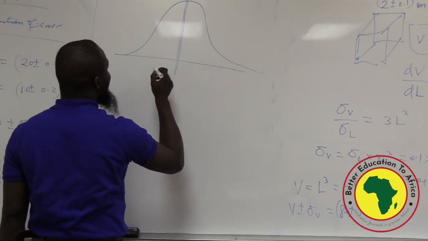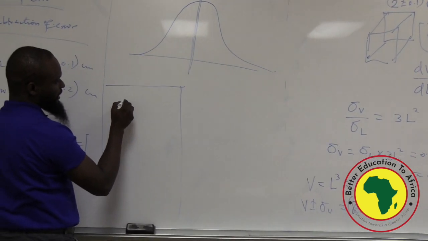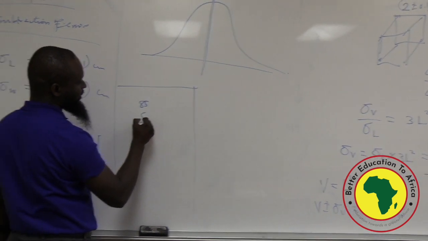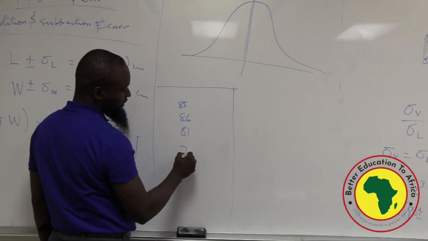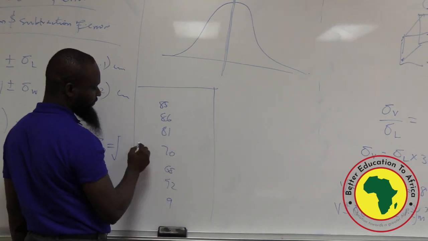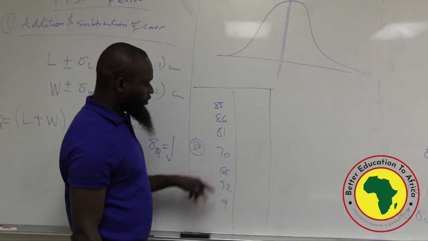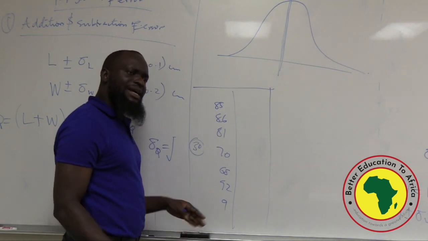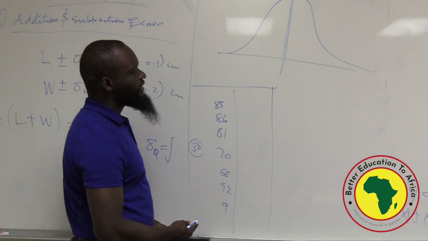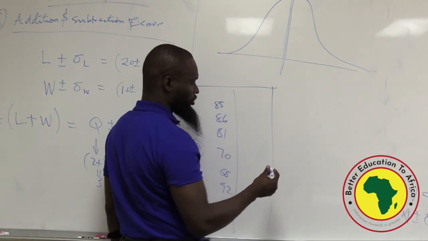So here we can have a distribution, say the test scores in math. So say in math out of 100, 85, 86, 81, 70, 68, 91, 92, 90, like that, say of 30 students. So you write all their scores, okay? Then you want to check if those data behave normally. So what you do is, there are two ways to check for a normal distribution.